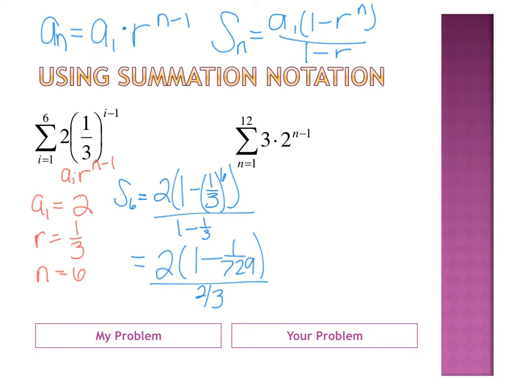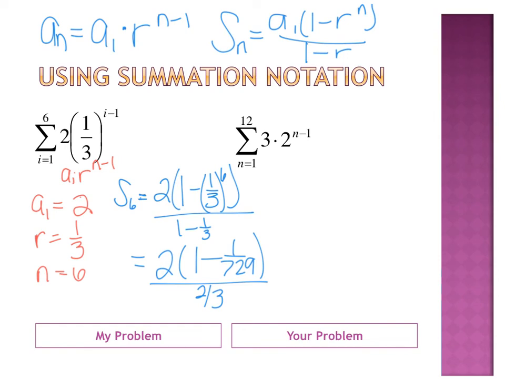I hope this shows up in the recording. If I do 1 minus the answer, there's no shift, just answer, I get 728/729. That should make sense.